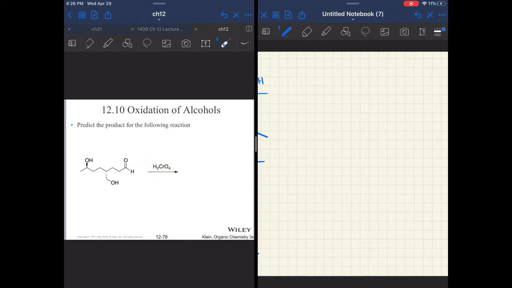So if we take this, let's see, we have an aldehyde, we have an alcohol, we have an alcohol. And we're going to treat it with the full oxidizing reagent. Everything's going to oxidize here that can oxidize.